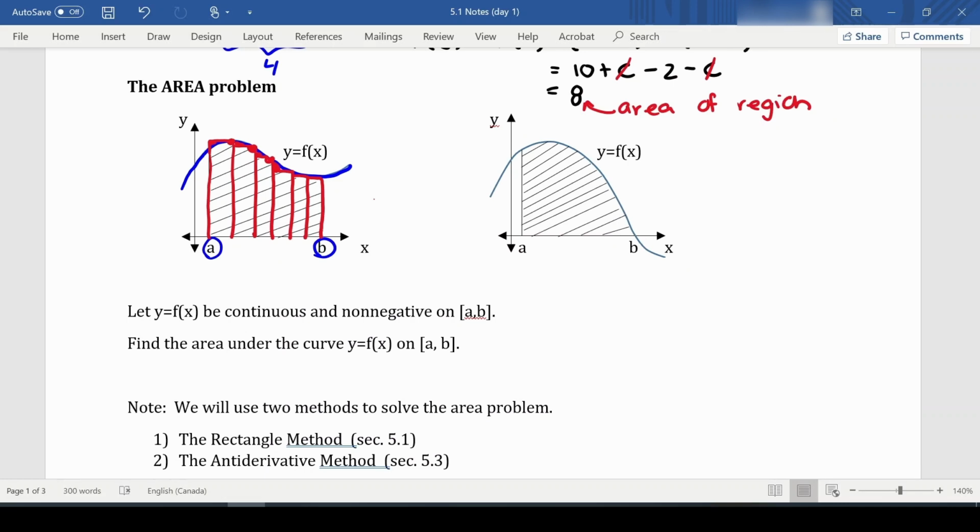Now, these ones that I drew here have what are called right endpoints because the right top corner of the rectangle is on our curve. This other one, I'm going to show you what if we did left endpoints.